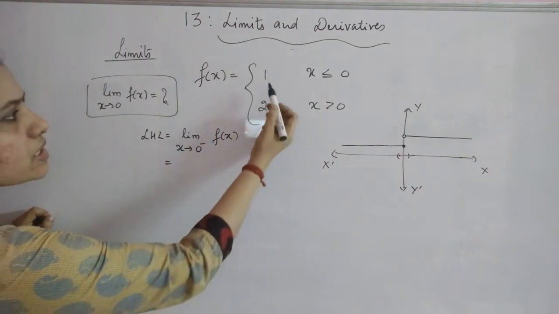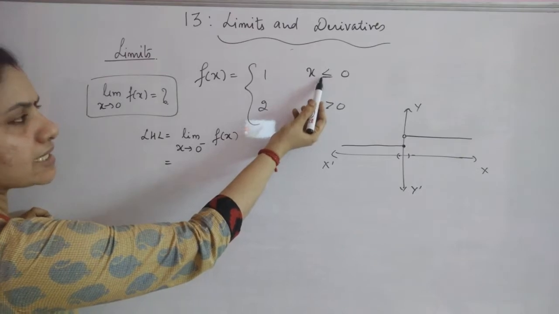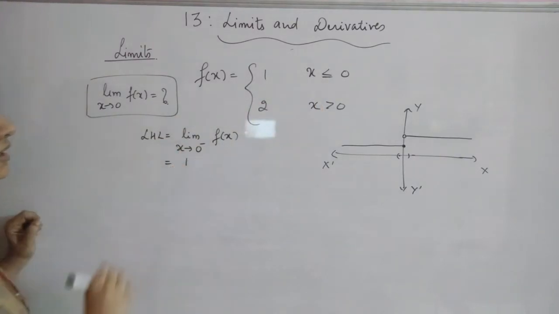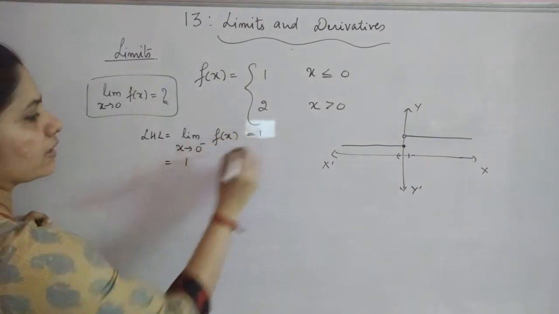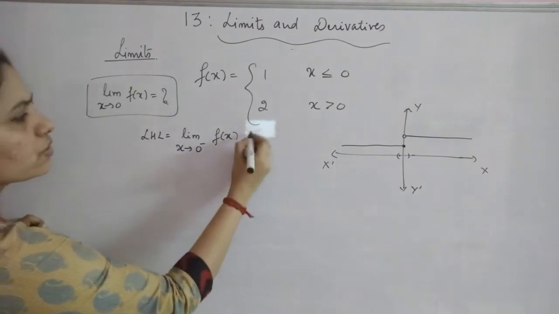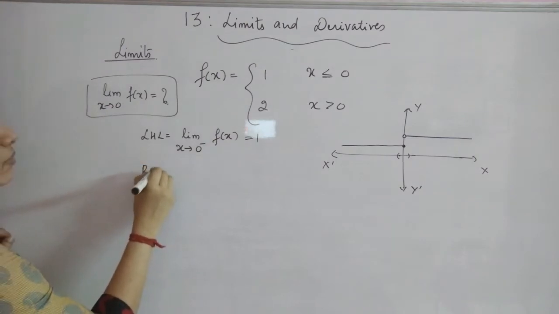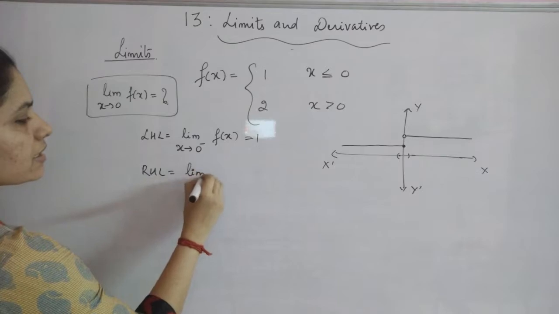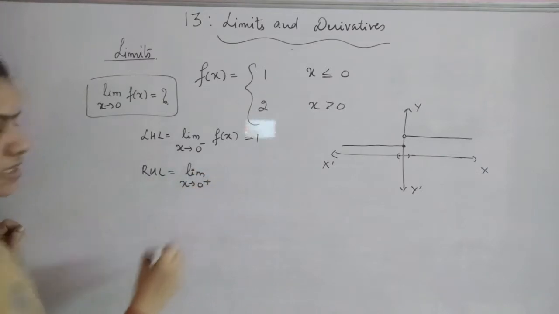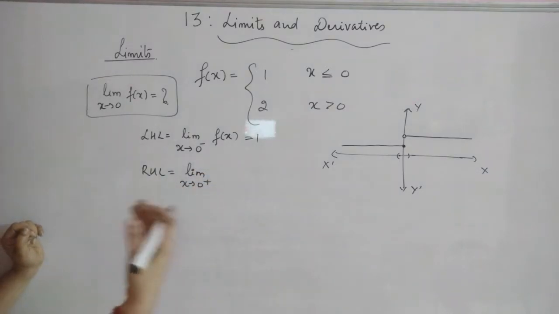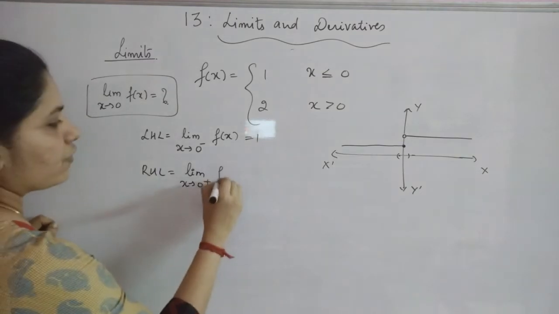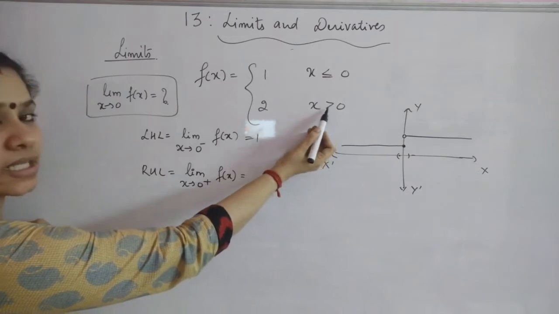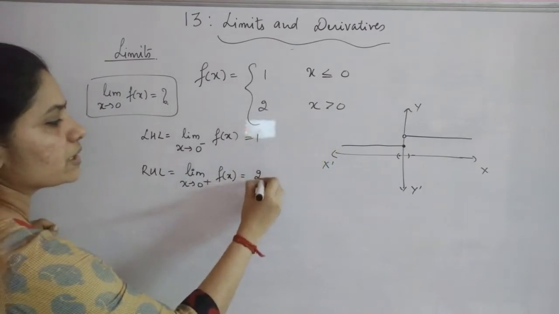And what is that? You just see, whenever x is less than 0, you will have the function value to be 1. So here you will get the function value to be 1. Okay, I will write here. This is equal to 1. Now when I move on to the right hand limit, I will represent it as limit x tends to 0 plus. Right hand limit means it is from the right side of 0. F of x, the function value is, just see, when it is greater than 0, the function value is given to be 2.